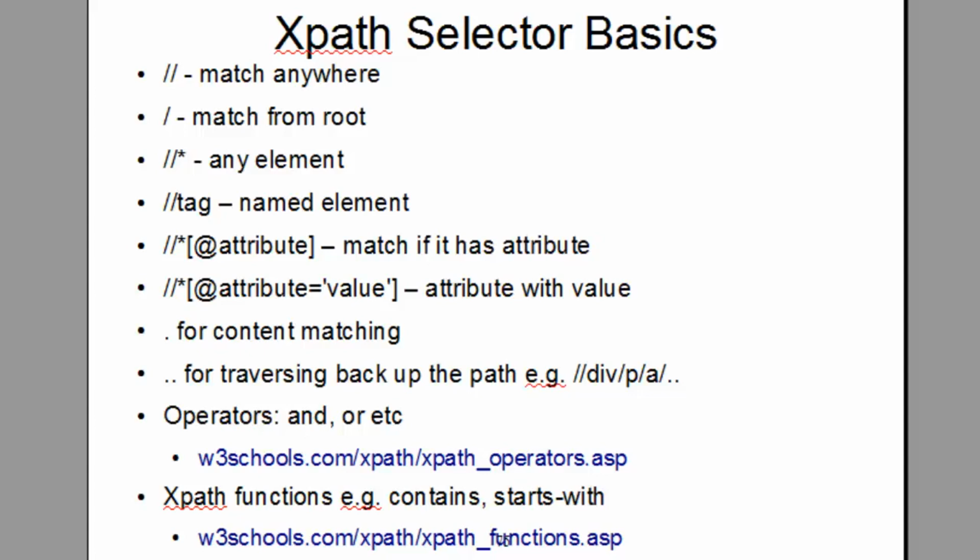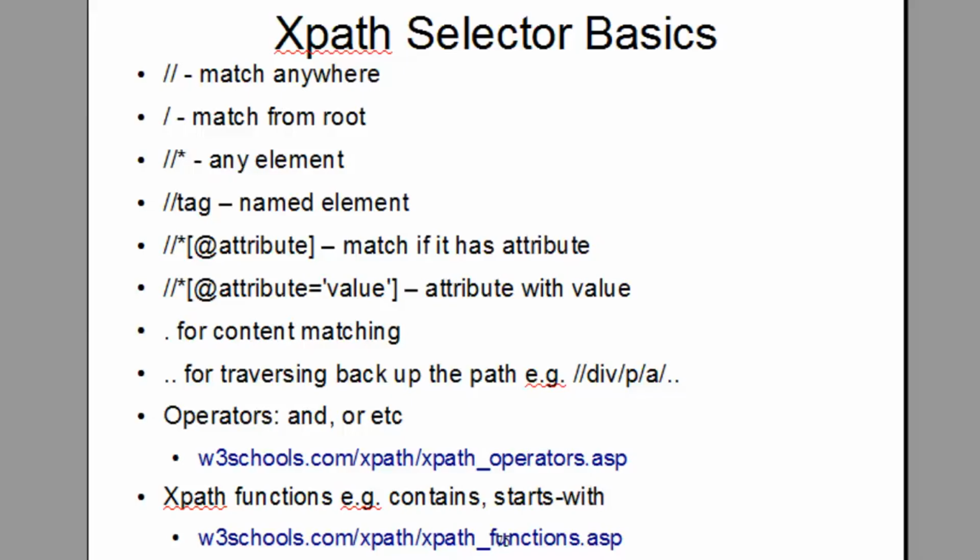Like CSS, asterisk basically says match any element. Or I can do // then the tag name to match a particular named element. To do the attribute matching that we did in CSS, I use the square brackets again, and I prefix it with @ and then the attribute name. So @ for attribute. If I want to match on class, it's @class.